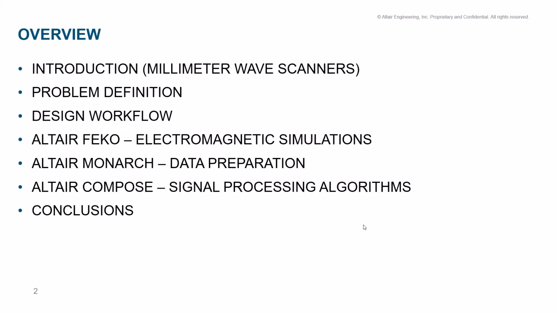Then, of course, the final conclusions. In the Altair Monarch data preparation section, I will present a short demo of Monarch, pulling the out files from Feko into Monarch and getting the required data for analysis purposes.